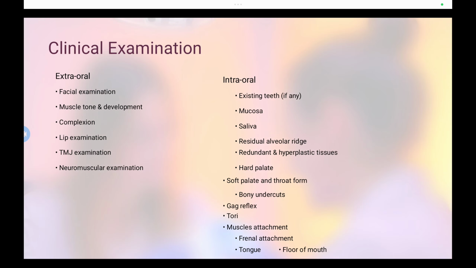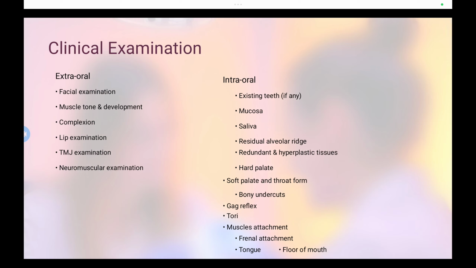Clinical examination: extraoral and intraoral. Extraoral involves the facial examination, muscle tone and development, complexion, lip examination, TMJ examination, and neuromuscular examination. Intraoral examination involves existing teeth, mucosa, saliva examination, and consistency of the saliva.